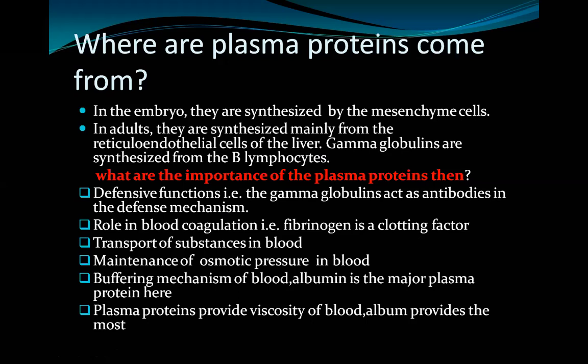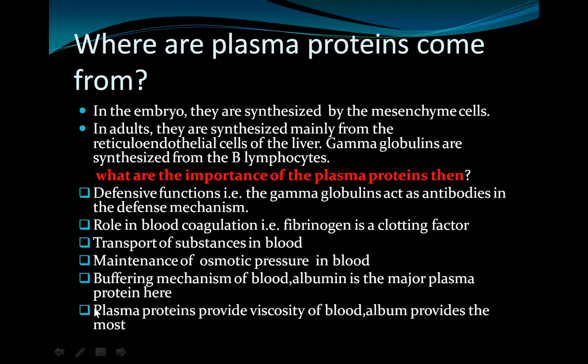Then they have a role in blood coagulation. Here we are talking about fibrinogen, which is a clotting factor. Then they have a role in transport in the body. For example, albumin is able to transport substances like drugs, among other things.